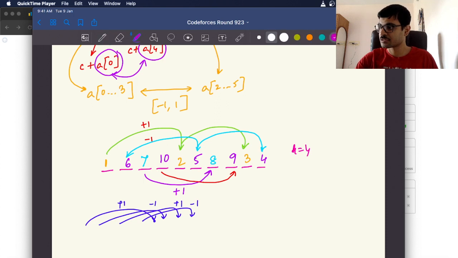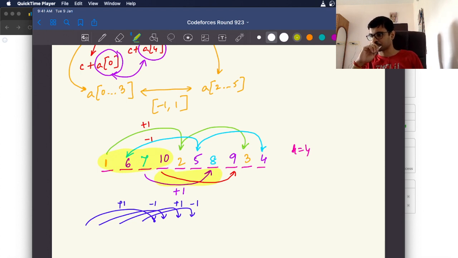So if you look at this one and maybe this one, if you look at these two elements, 10 is common, and for the remaining elements you can see there is 1 plus 1, 1 minus 1, 1 plus 1. So there is a net plus 1.